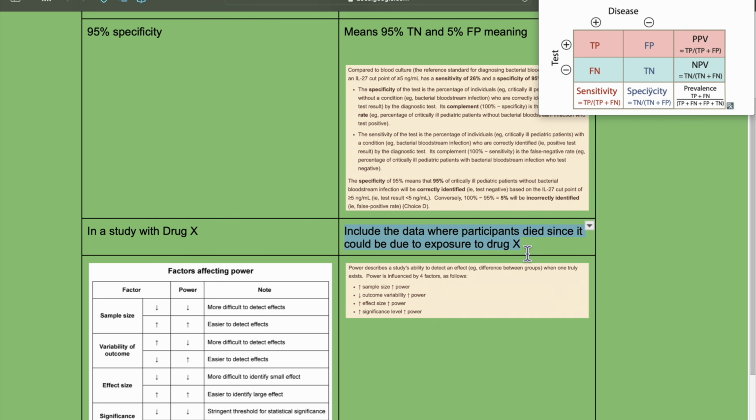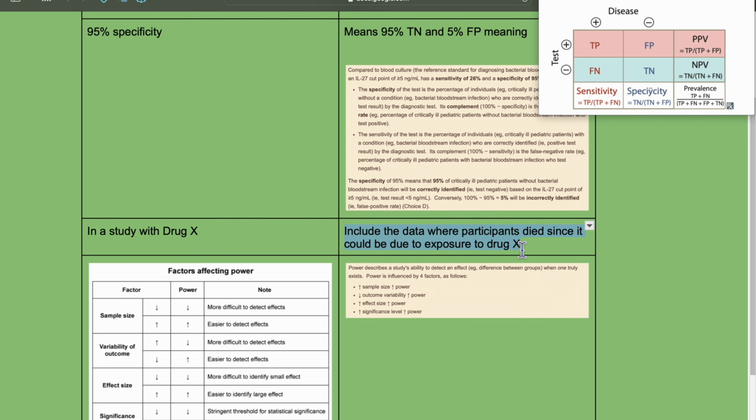Say they're researching the drug and the adverse effects were nausea, diarrhea, or something, but they didn't include the participants who died of cardiac arrest or something, right? Because it could be that they didn't figure out that the drug could be causing this.